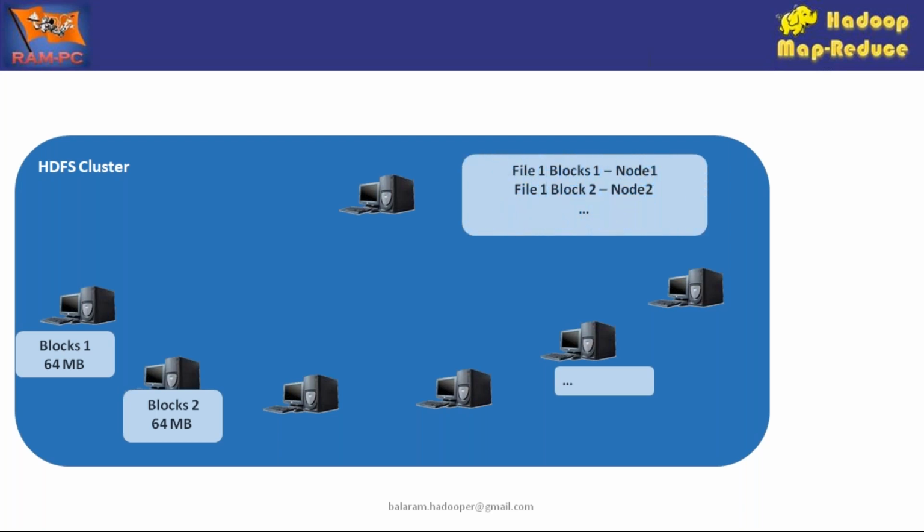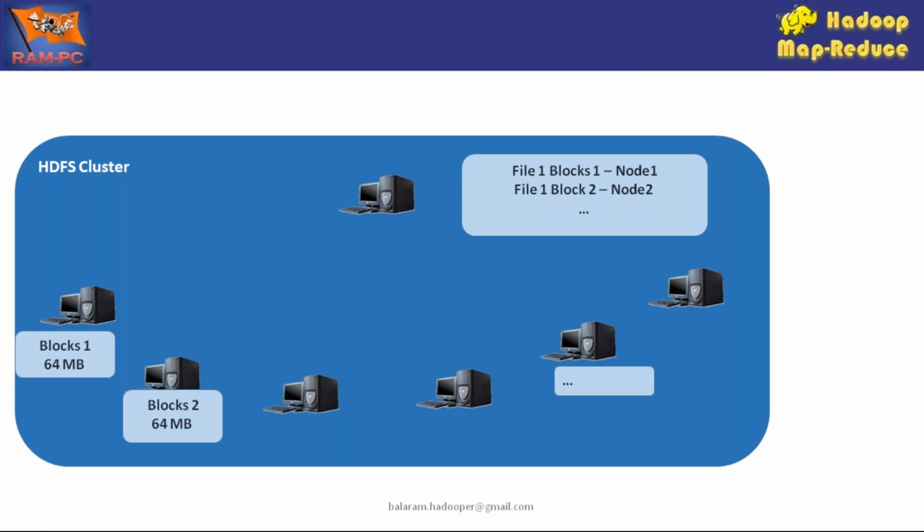So we maintain a table like: file 1, block 1 is available in node 1; file 1, block 2 in node 2; file 1, block 3 in node 5; file 2, block 1 in node 2; file 2, block 2 in node 3; file 2, block 3 in node 7.